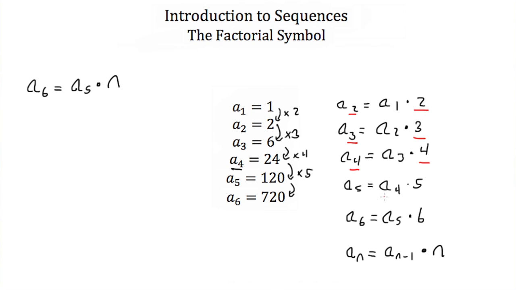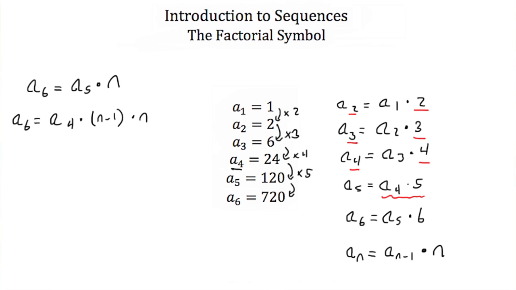Now if I plugged all of this in for A5, because remember A5 is equal to A4 times 5, I could say that A6 is equal to A4 times, now n is 6 and I'm multiplying it by 5, so n minus 1 and then times n.